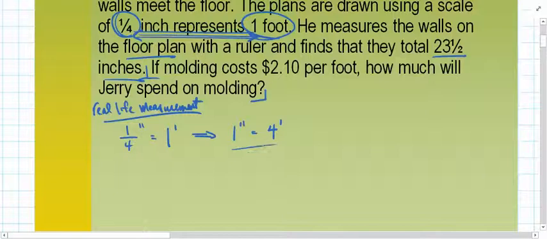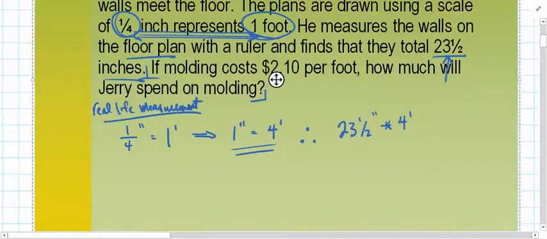So if we know this value, and we know that there were 23.5 inches measured on the drawing, then what we can say from here is that 23.5 inches on the drawing times 4 feet per inch will tell us what our total dimensions in the real world are going to be.